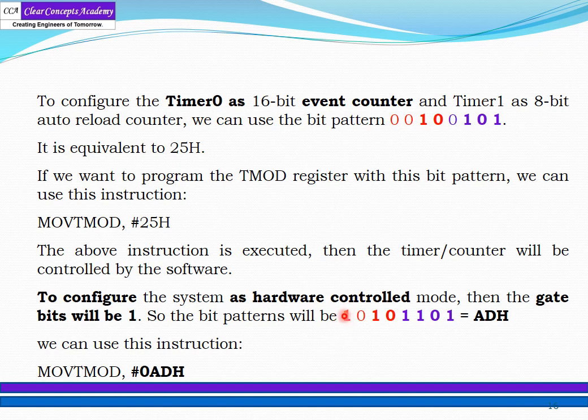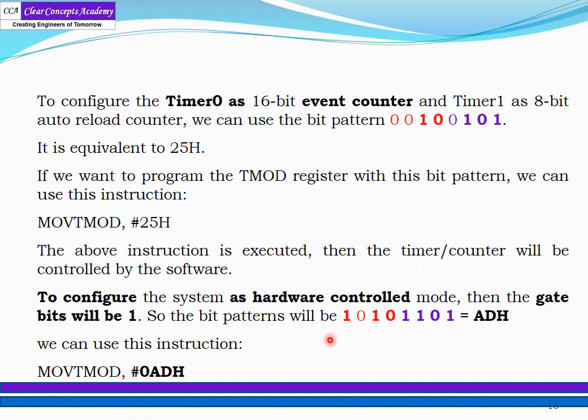That's why you are setting the gate bit to 1, and the timer modes we are keeping the same as earlier. So this will change the word, and that will become AD. A is 2 plus 8, 10, and D is 8 plus 4, 12 and 13. 13 means D. So ADH.